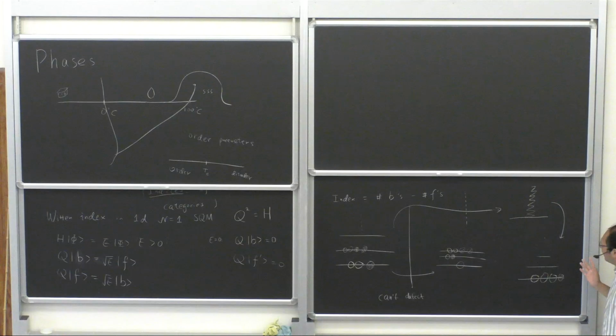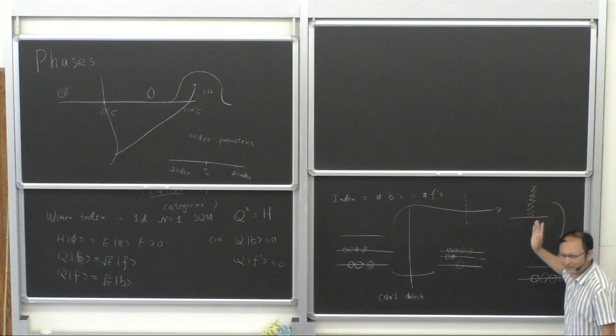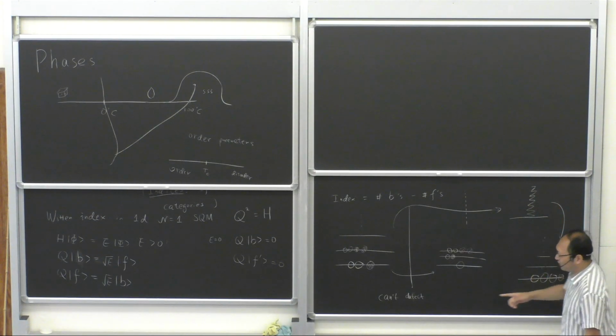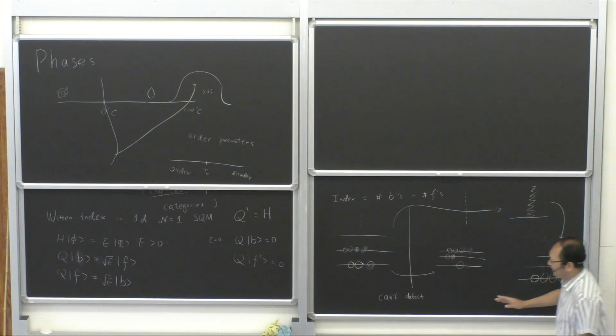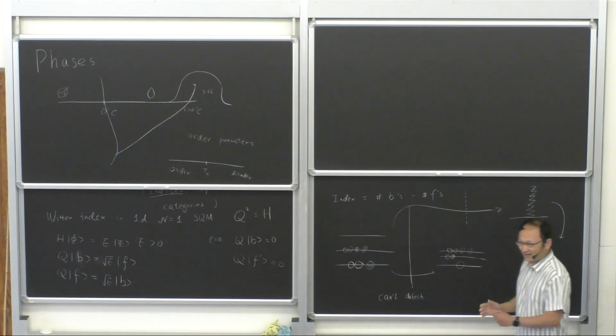But here, you still have a bit of a shortcoming. You can detect the phase transition, but it's not really telling what is going on here. Because for this continuous spectrum, you have trouble defining this invariant. Here we have assumed that the spectrum is discrete.